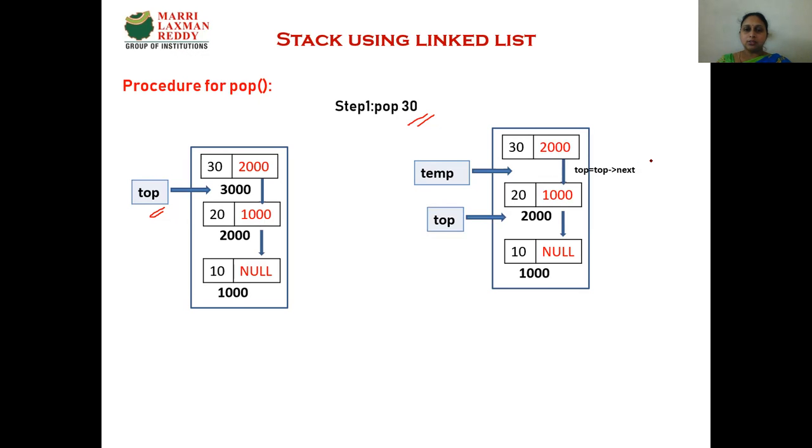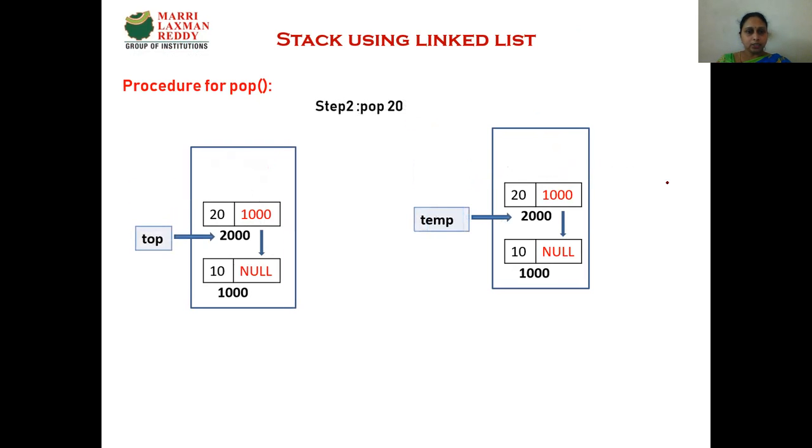After doing this, I can remove this node from the top of the stack. In a similar way, if I want to remove the element 20 from the stack, again I need to initialize temp equal to top, then assign top equal to temp arrow next. That means top is now pointing to 1000.